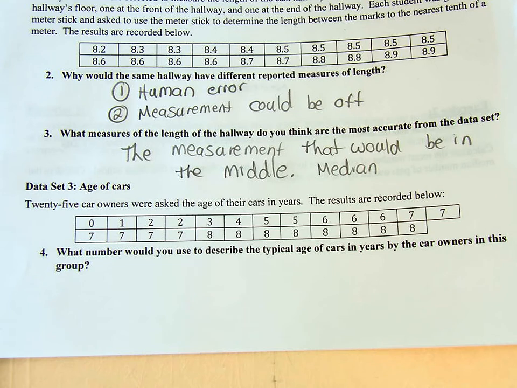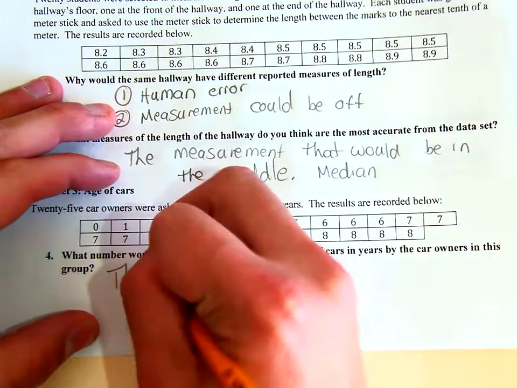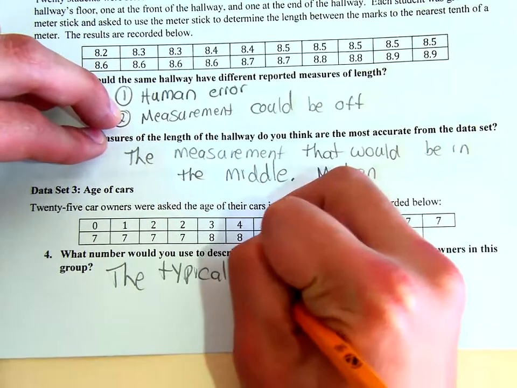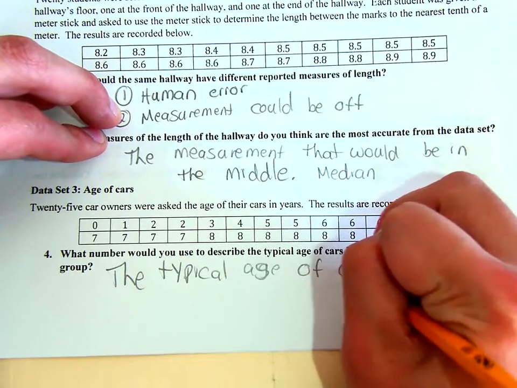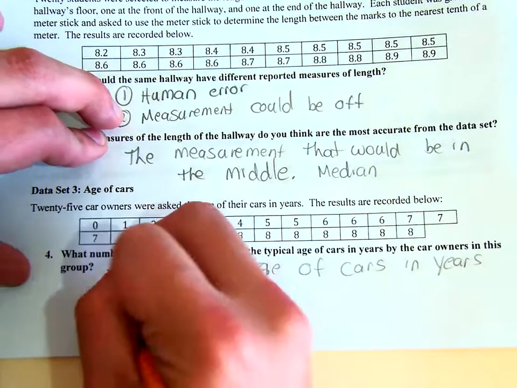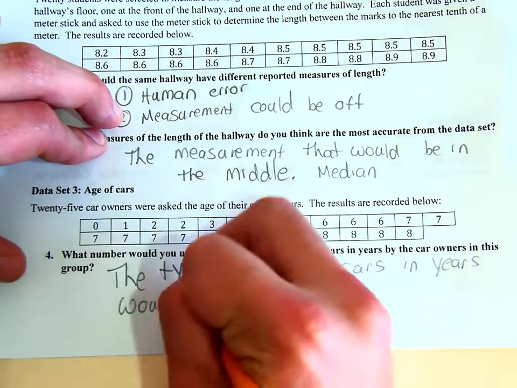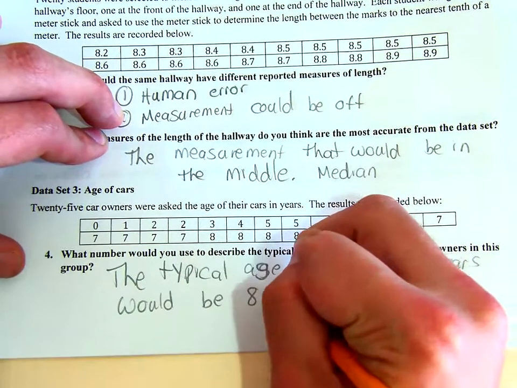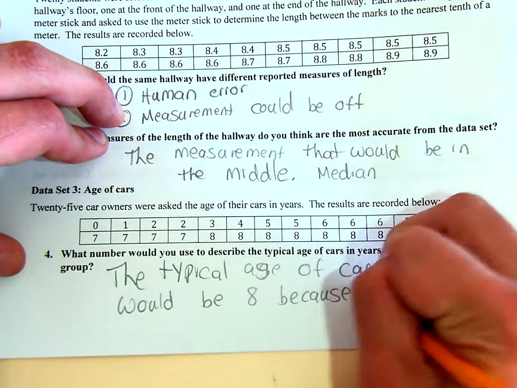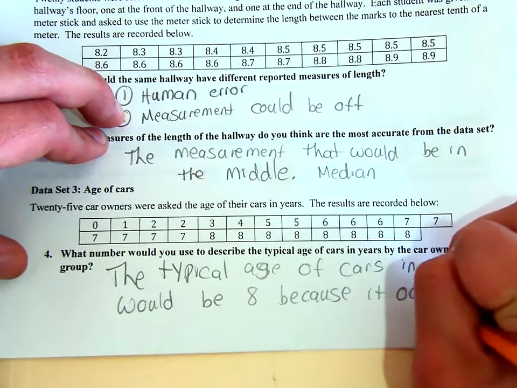So the typical age of the car in years would be 8, because it occurs most.